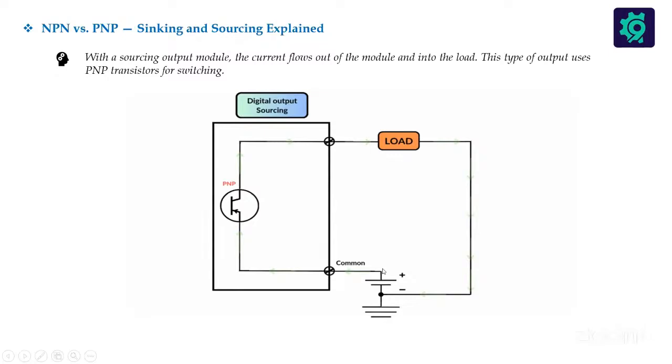Now, if you look at the negative end, it is connected to the load, and the common comes into the PLC. So for the load now, the positive gets its positive from the PLC.